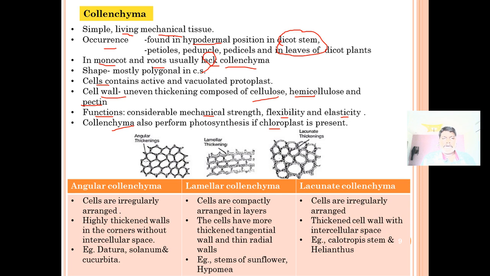In angular collenchyma, cells are irregularly arranged, the corners of the cells are thickened, and there is no intercellular space in this region. Lamellar collenchyma is arranged in layers. Lacunate collenchyma also has thickened cell walls, but at the corners we may find some intercellular space.